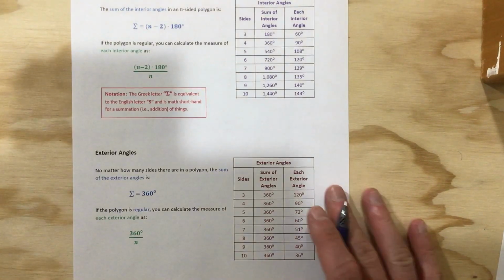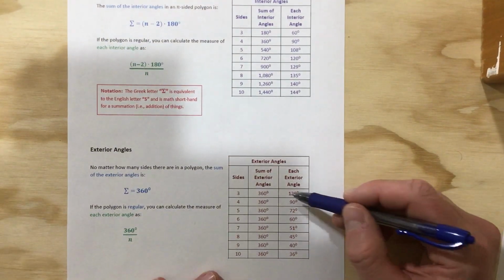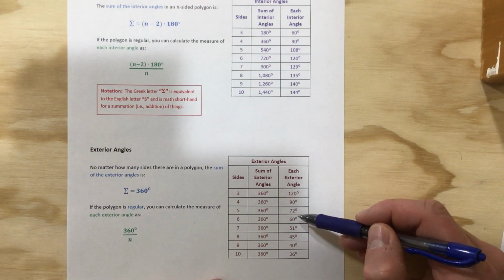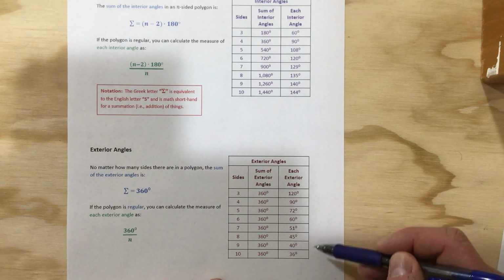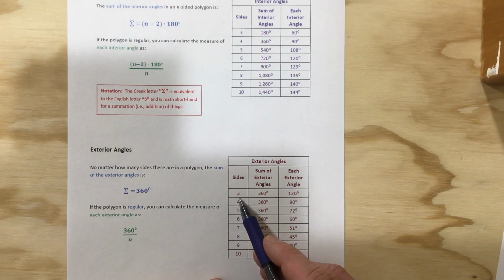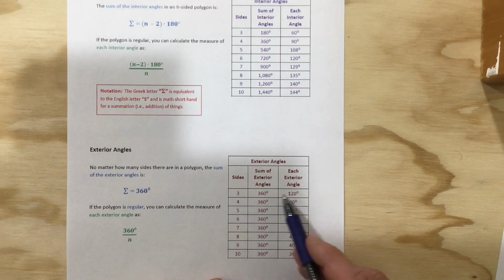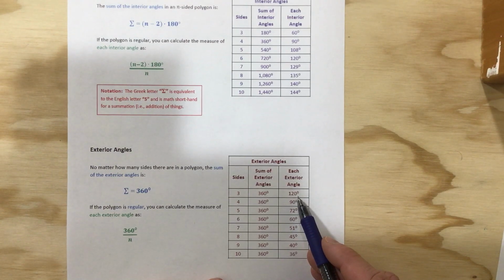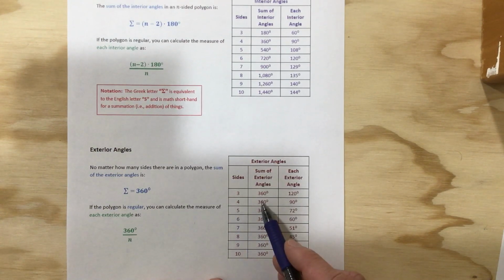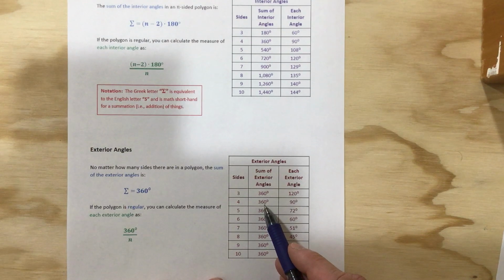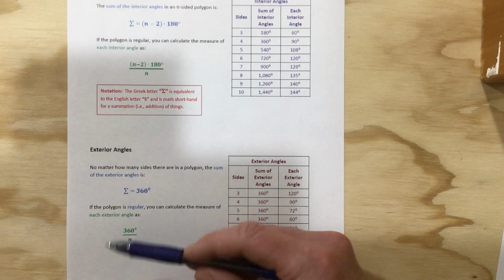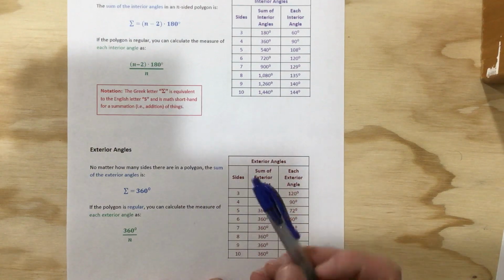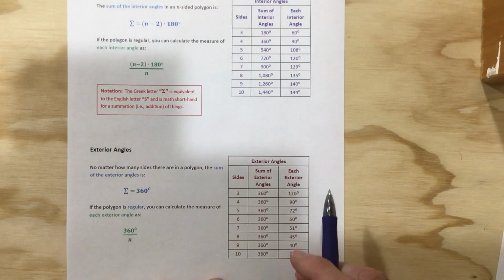And again, in this chart you can see as I increase the number of sides, I turn more, and so each turn ends up being less and less in terms of degrees. For a square, any quadrilateral, it's 360, but if it's a square and it's regular, then each one of the turns has to be 90, 90, 90, 90 to get all the way around.